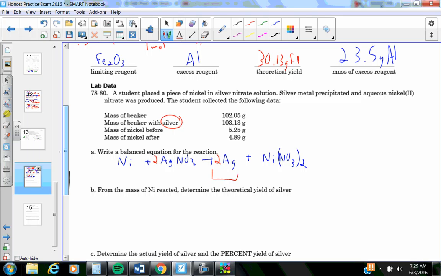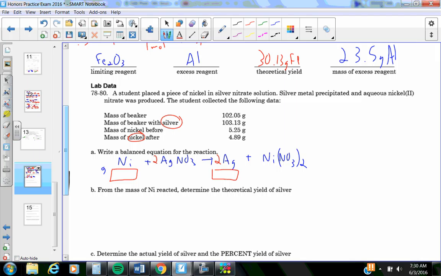That's going to be an important box. And nickel is another thing that's going to be important. That's going to be another important box. They don't ask me or tell me about silver nitrate or nickel nitrate, so these are the only things. They apparently are going to tell me the given. How do I know that's given? Because it's a reactant. We have to start with a reactant.